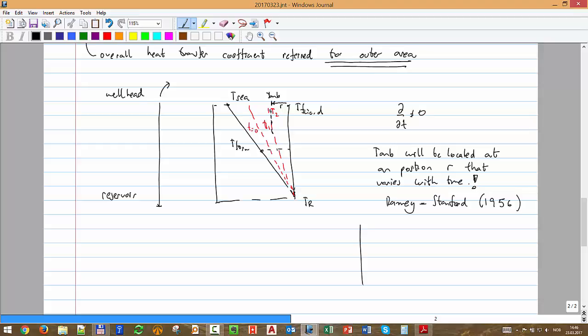The idea is that R, where the ambient is, initially is very close, and then it starts getting further and further away until you warm up exactly. That's the area where you are warming up, that is heating. Just to make you aware of that.